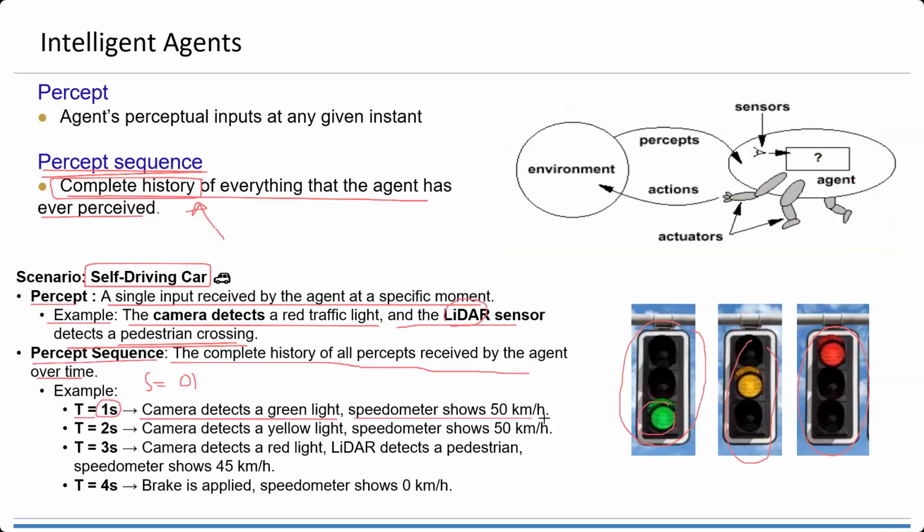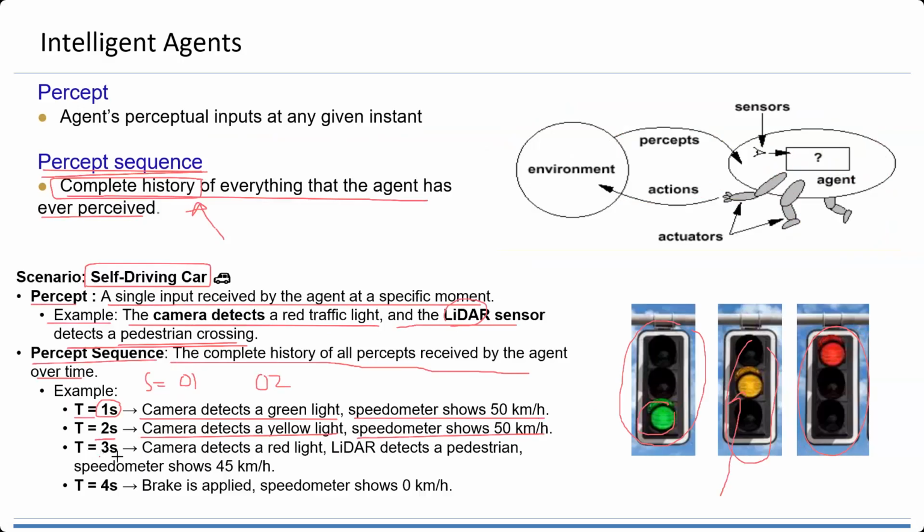Okay, so the car can run 50 km per hour. But when the second becomes 2, the camera detects a yellow light. When the camera detects a yellow light, the speedometer is still 50 kilometers.